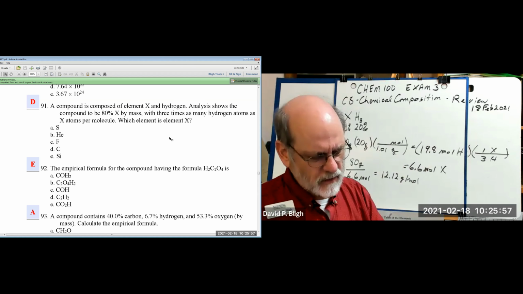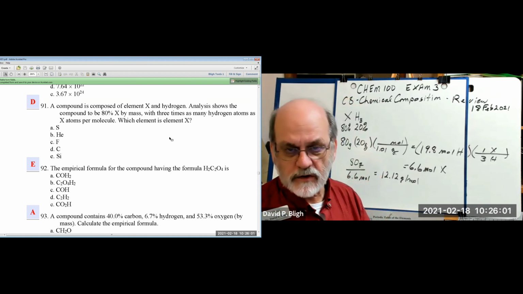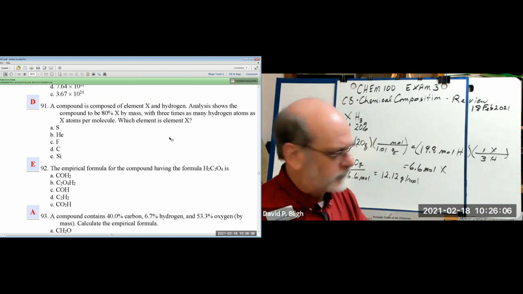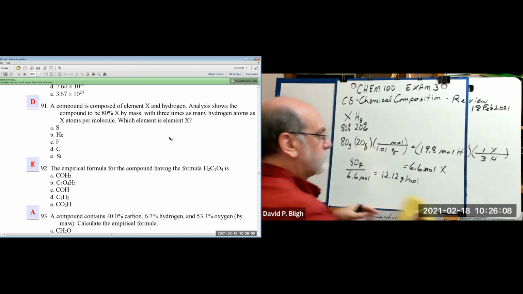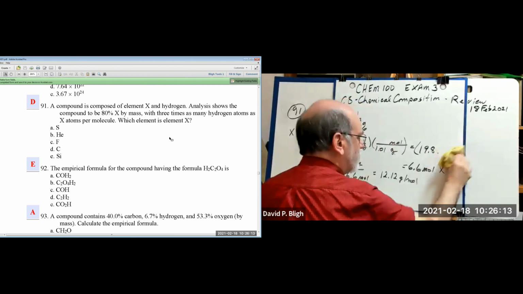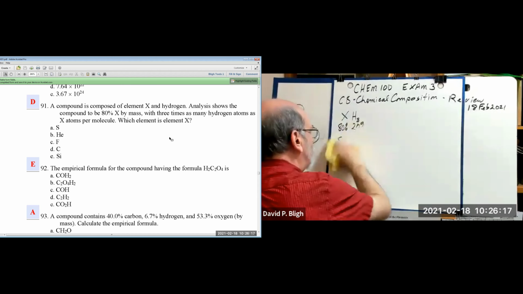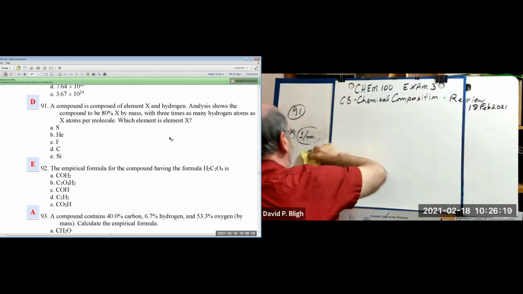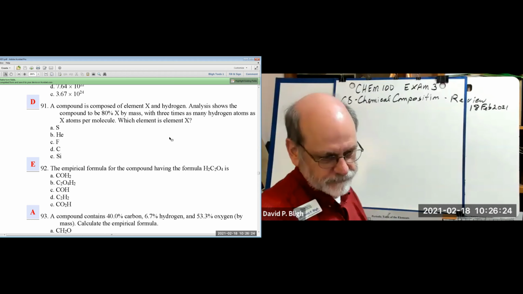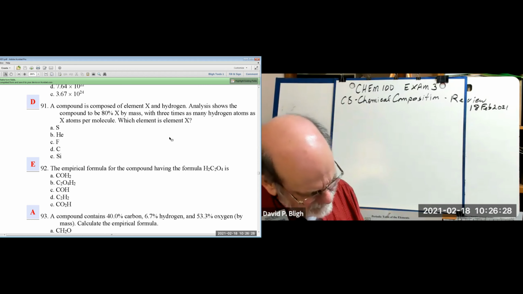See if there's anything in here that we really haven't covered. Maybe another empirical to molecular weight formula, if I can find one that we have to go all the way through. That would be a good one. So let me see if I've got any candidates here.